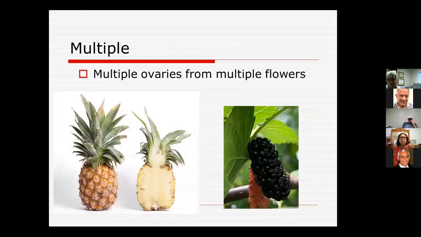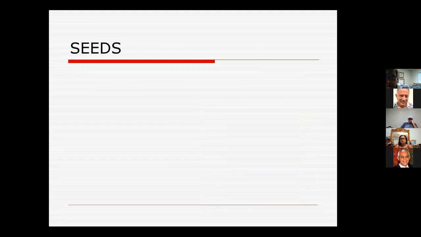And then a multiple fruit has multiple flowers that ripen together. Mulberries and pineapples are examples of that. You have multiple flowers that are connected together, and they fuse together to make the final fruit form. So those are examples of fruit. Just if you hear those terms, it gives you some examples to think about.